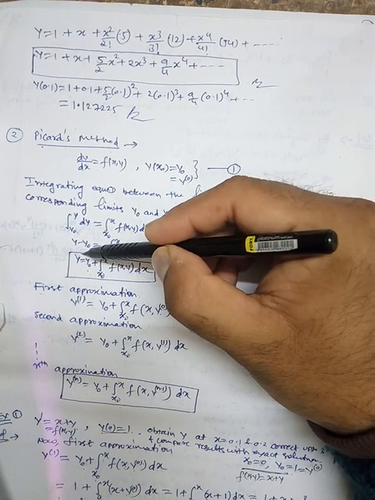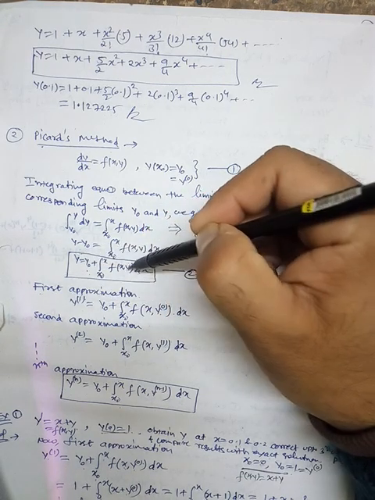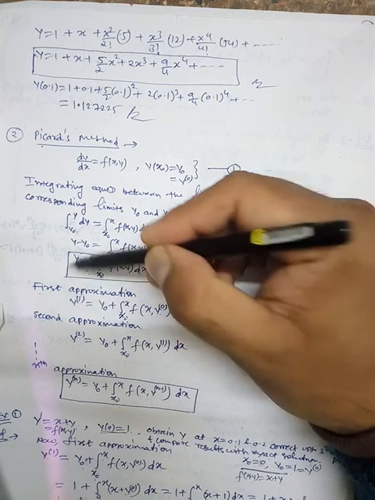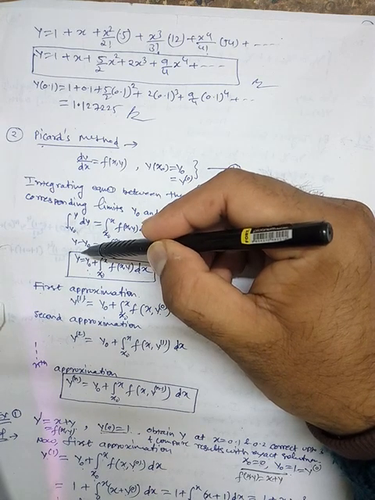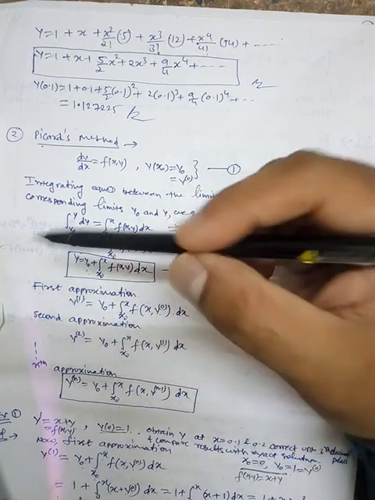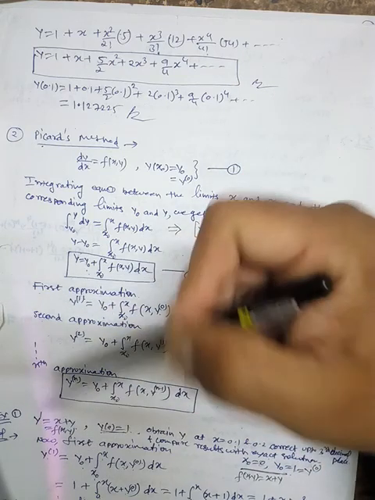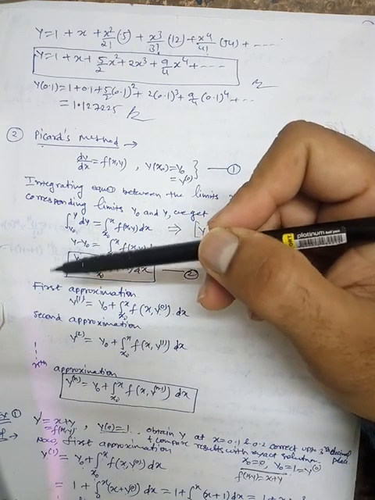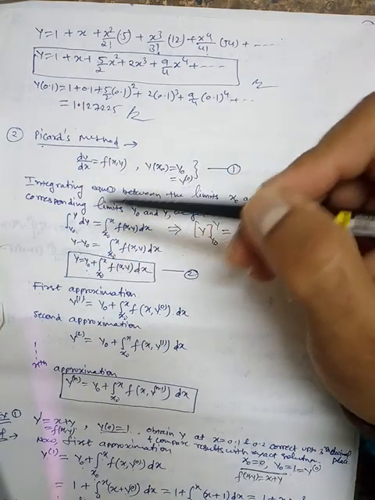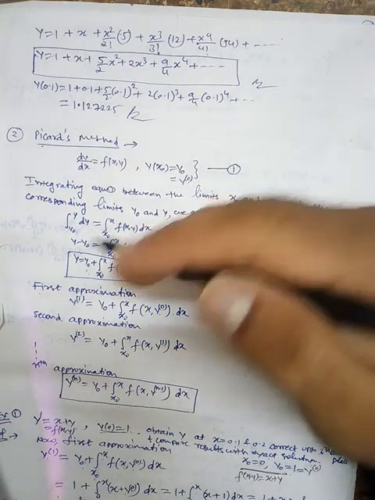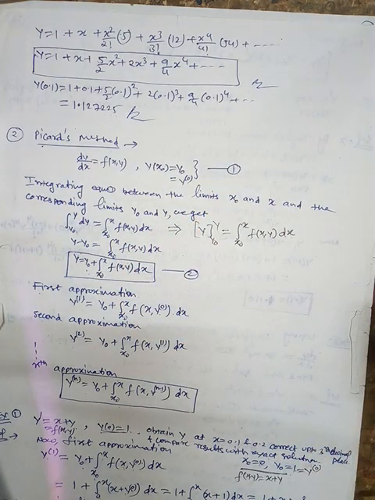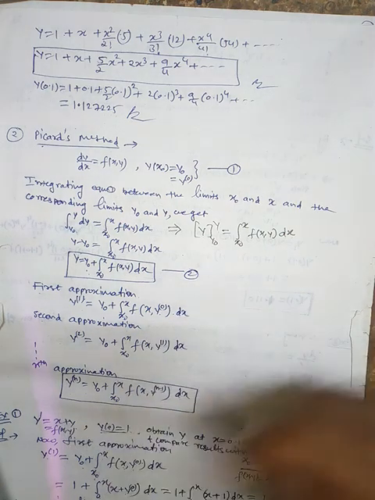Then the first approximated value is substituted here to get the second approximated value. Fine. So likewise we will do multiple iterations at a given point. Once the value of y is evaluated at that point, we will move to the next point and find the value using the same procedure.